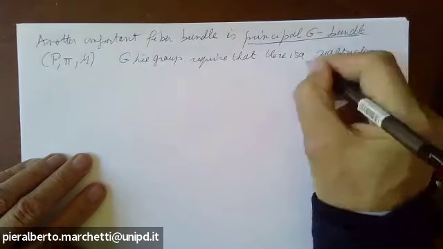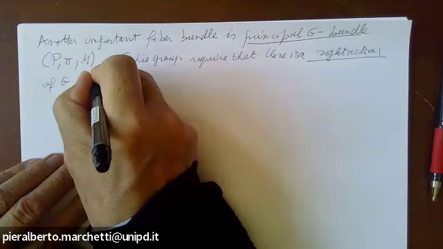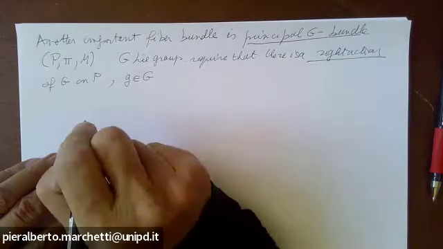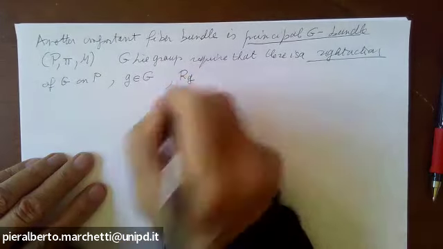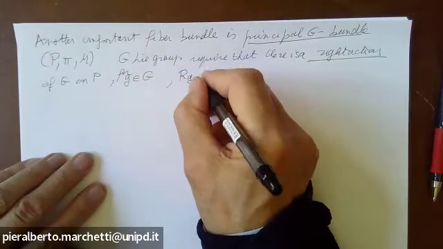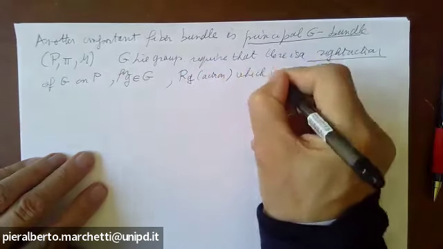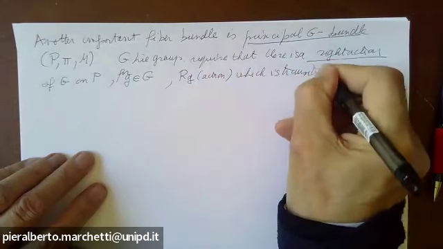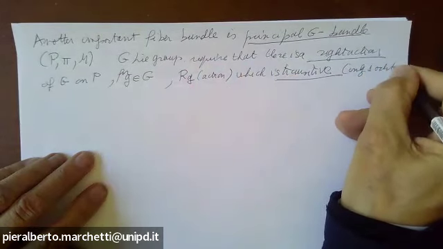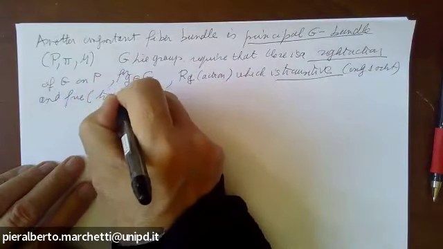Remember that last time we defined what a right action of G on P is. So we have an element g which belongs to the Lie group G, and you construct this action, which is called R_g. And you want this action to be transitive, so you have only one orbit, and free, which corresponds to a trivial isotropy group.